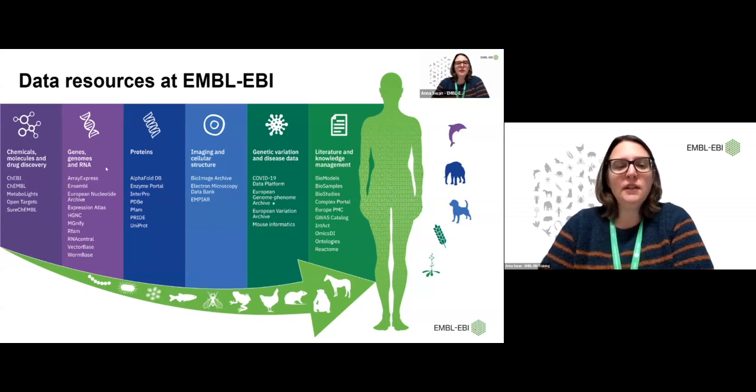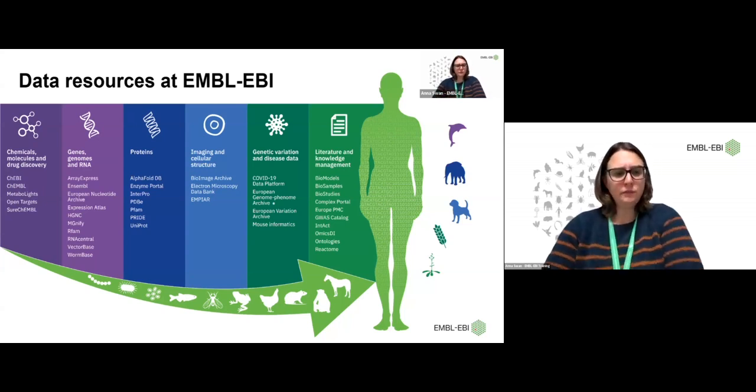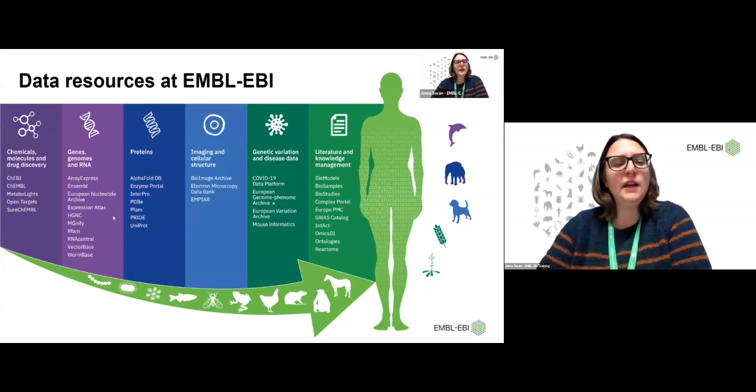Then we have genes. So I talked a little briefly about Ensembl, the genome browser. There's also things like MGnify for metagenomic data. Then we have RNA data in Rfam and RNAcentral. So lots of different types there too.